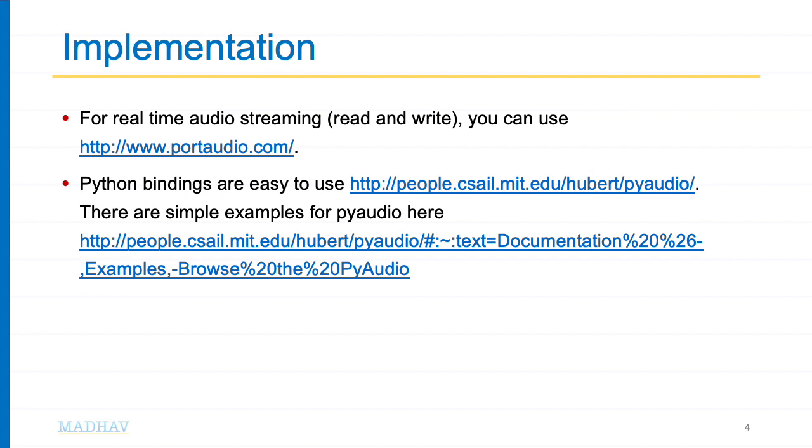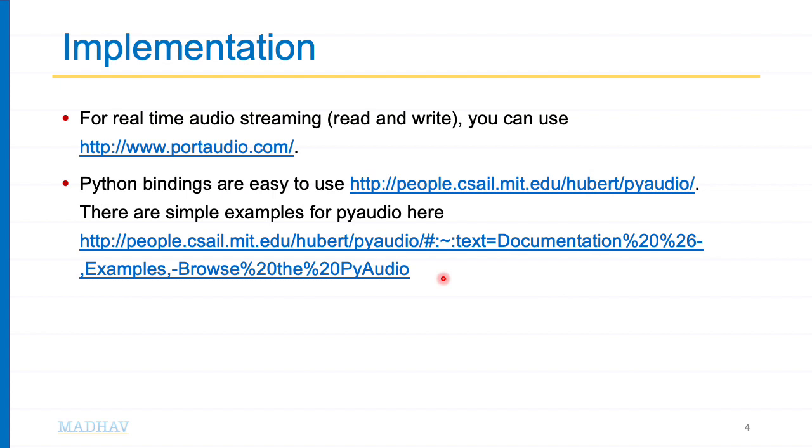If you want to use Python, then it is very simple. PortAudio has bindings which are called PyAudio, and this PyAudio library you can directly use within your Python, and there are some good examples in this link. These are very simple examples, just put them in your program and the program will start working.